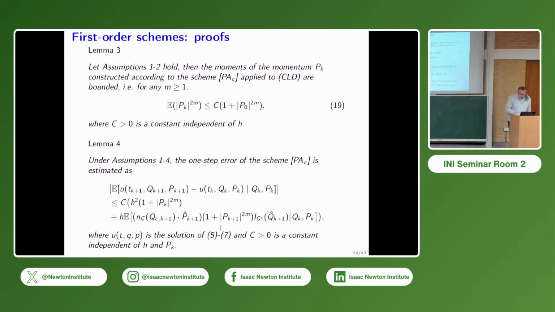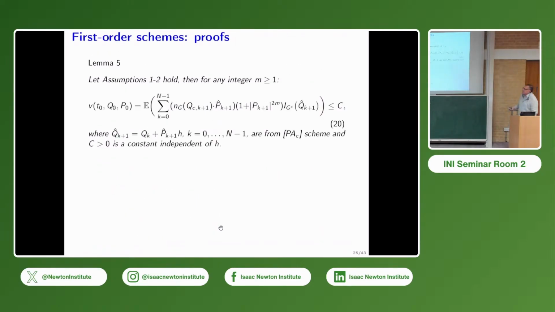And as you expect, the next lemma is the critical lemma for the proof of first order convergence: the sum of those terms, prefactored by h, is bounded by a constant which is independent of h. The form of what we need to prove is dictated by the expansion, but to see the meaning of this lemma, we can just remove this long technical term and see that we are just summing the number of times we collide with the wall.